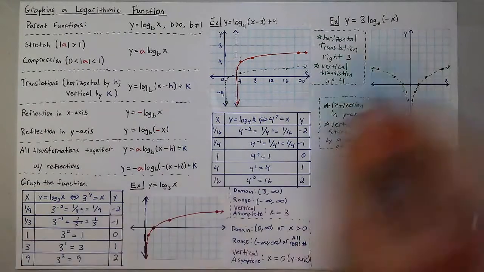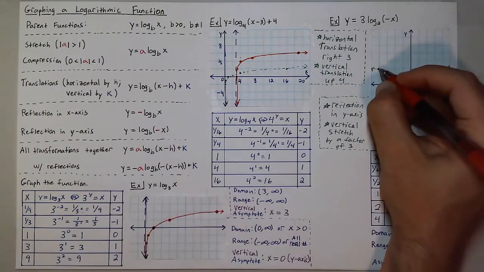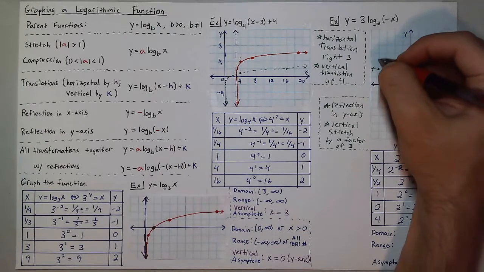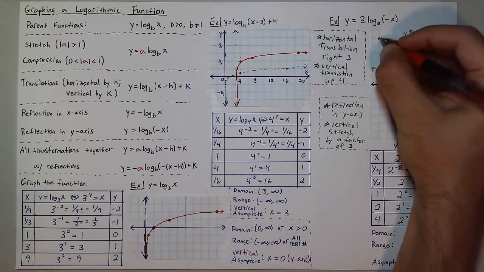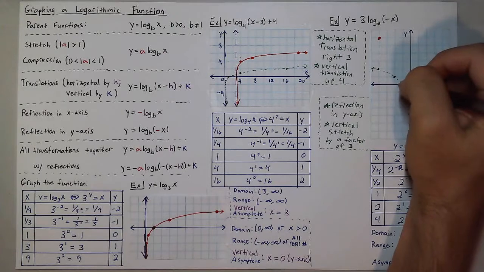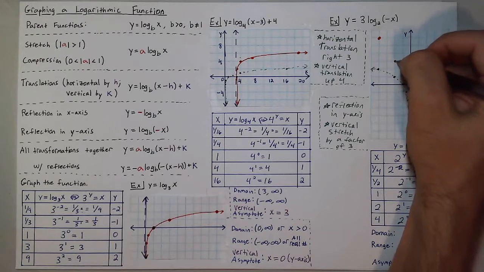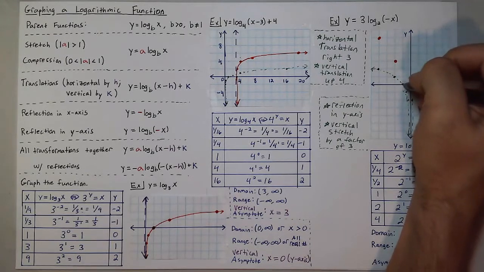So the point here that's at negative 4, 2: 2 times 3 is 6, so it's going to be at negative 4, 6. The point at negative 2, 1, when multiplied by 3, is now at negative 2, 3. The point here at negative 1, 0: 0 times 3 keeps it at 0.